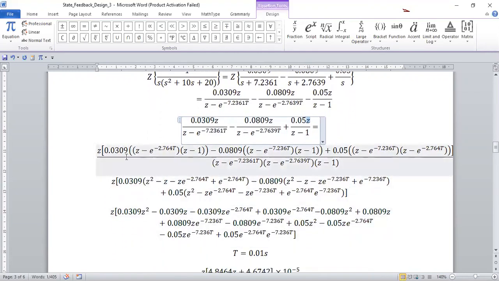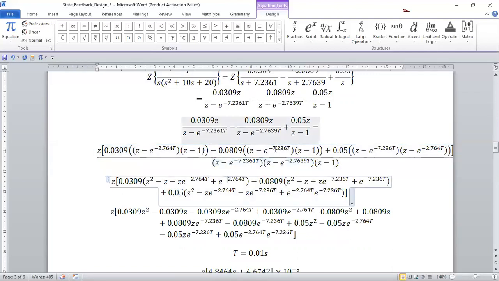So when you account for this, it's z minus exponential minus 2.764. So this multiplied by this, then you multiply it with this coefficient. So for this second fraction, it's just this multiplied by this coefficient here. Then for the last one is this highlighted equation multiplied by 0.05.